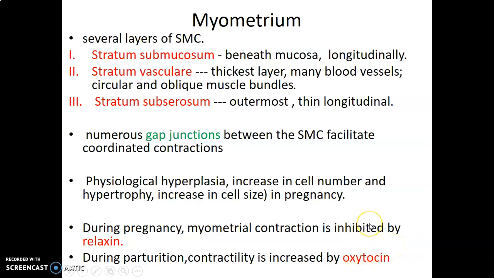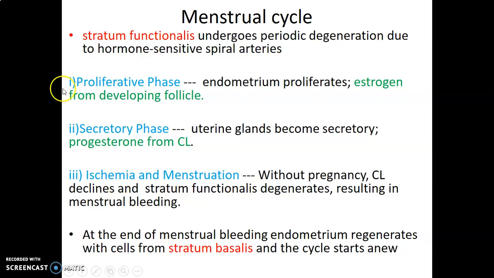So we go to the menstrual cycle. During the menstrual cycle, it's the stratum functionalis that undergoes periodic degeneration, and it is usually because of the hormone-sensitive spiral arteries. So the menstrual cycle or uterine cycle has 3 phases. You have the proliferative phase, where the endometrium proliferates under the influence of estrogen from the developing follicle.